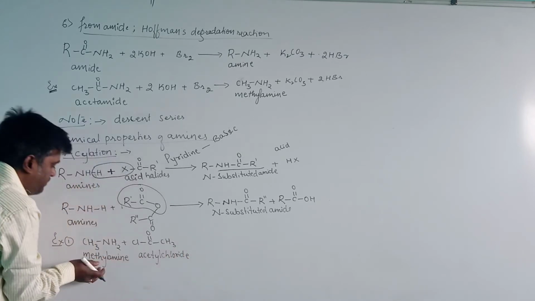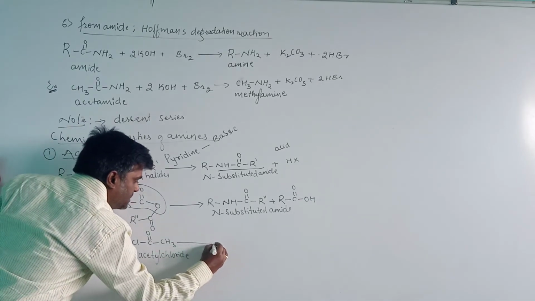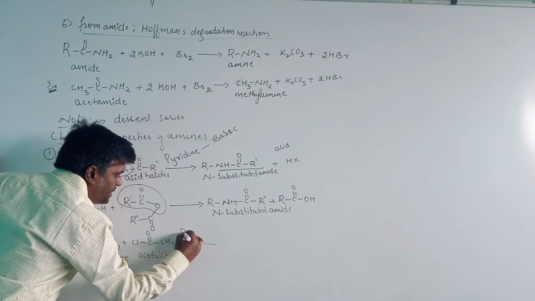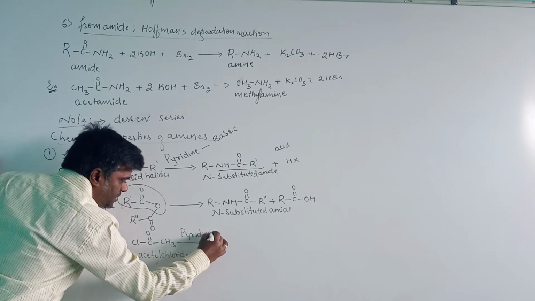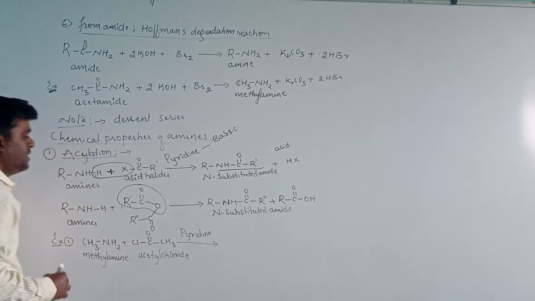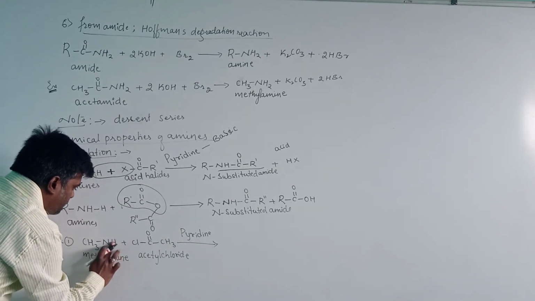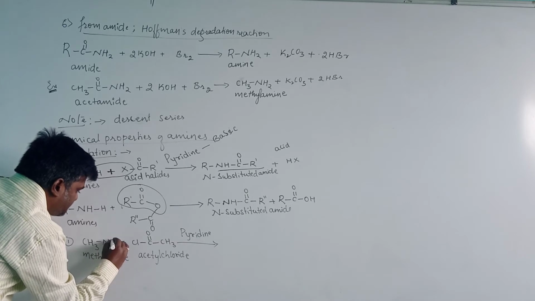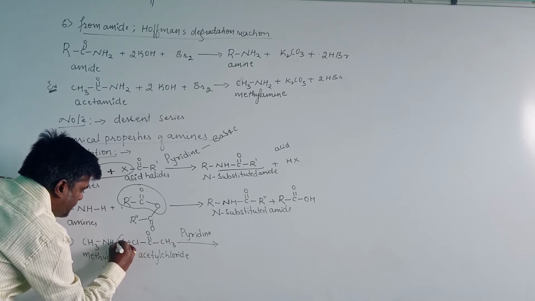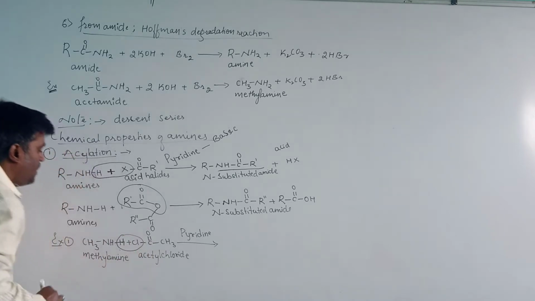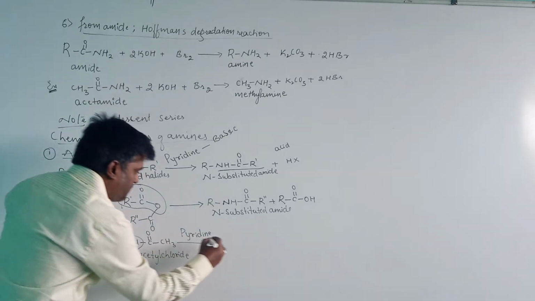When methylamine reacts with acetyl chloride in the presence of a catalyst called pyridine, which acts as basic in nature, the reaction will be carried out, and one of the hydrogens from the amine will combine with the chlorine and get converted into hydrogen chloride, and the remaining part will attach to the nitrogen here.